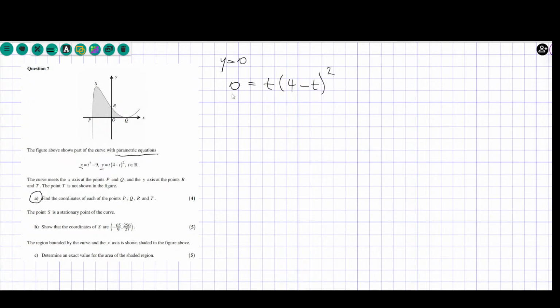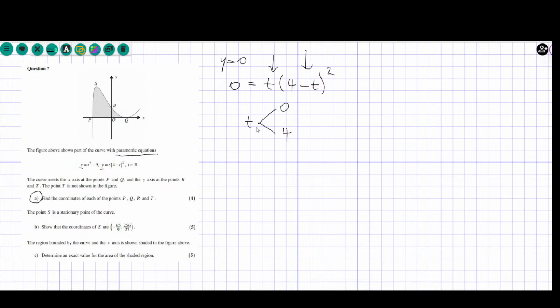Now, it's very tempting to divide both sides by t, but actually you're going to miss one of the solutions, because you're asking what values of t are going to give you a 0 result on the left, and it's valid that this t on the outside here, if it was 0, is a solution. And then we've got a repeated value of 4 inside the bracket, because 4 take away 4 is 0, therefore the whole thing's 0.